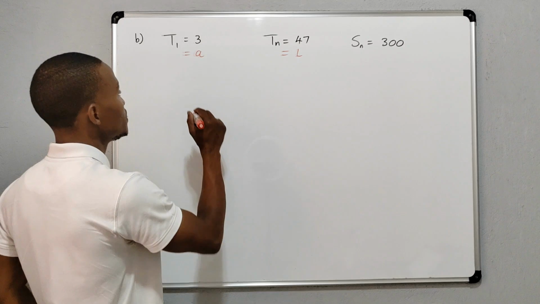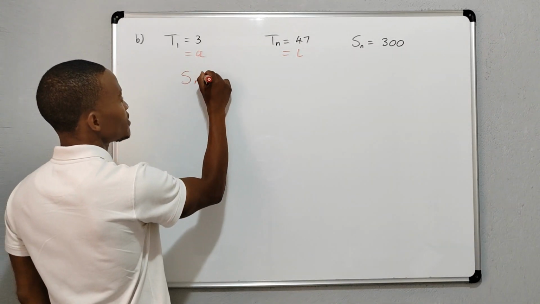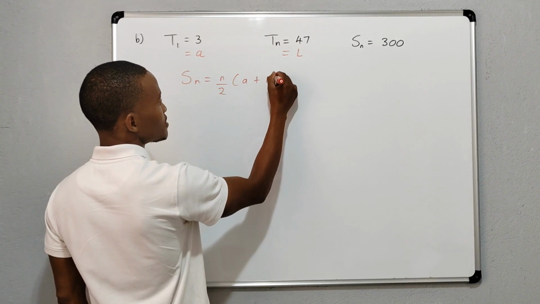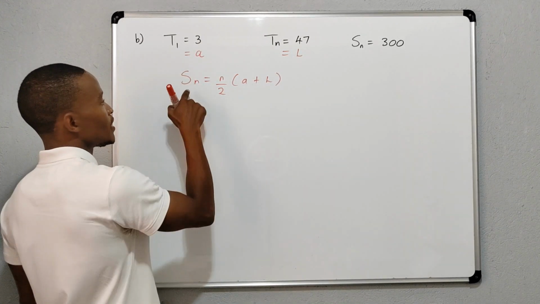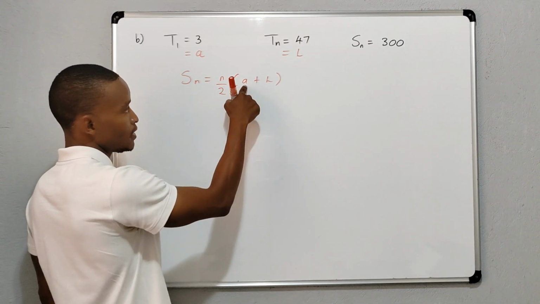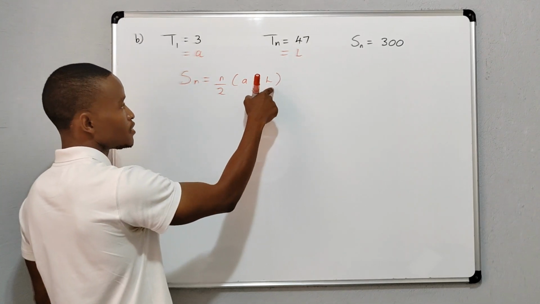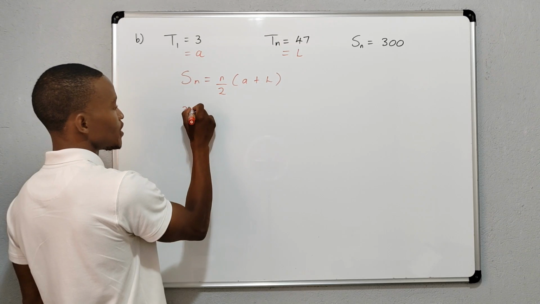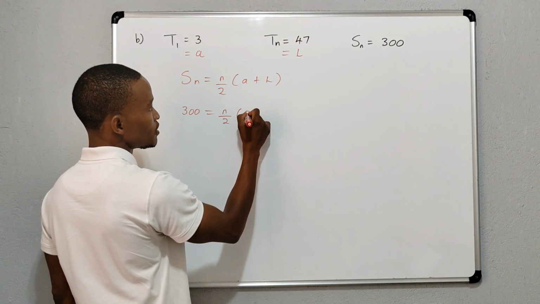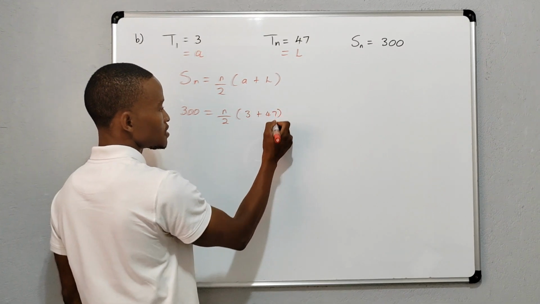So what do we need? Sn equals n over 2 times (a plus l). We have Sn, we don't have n, we are looking for n. A we have, L we have. So by substitution, we have 300 equal to n over 2 times (3 plus 47).